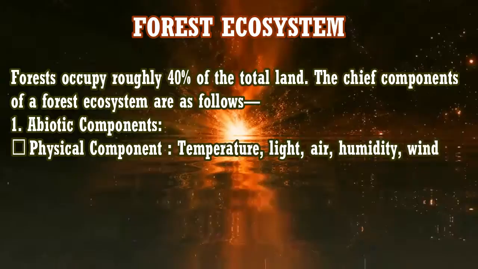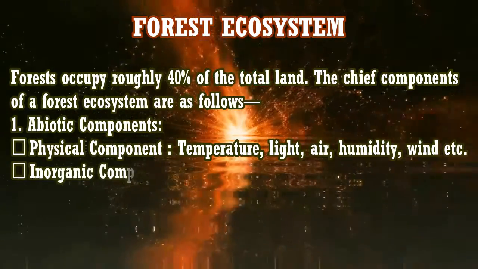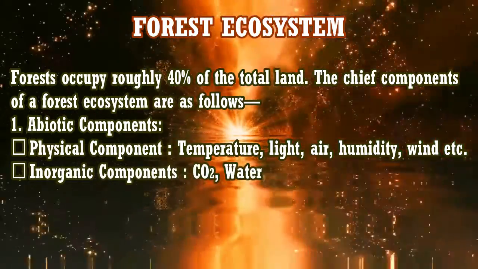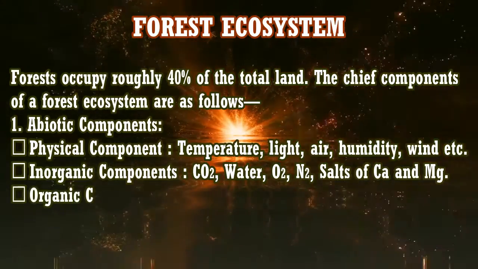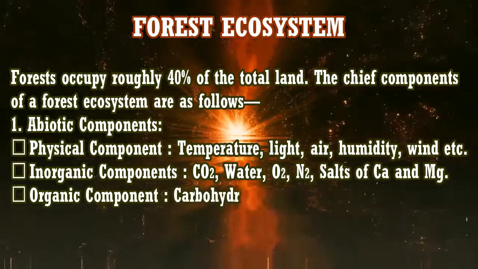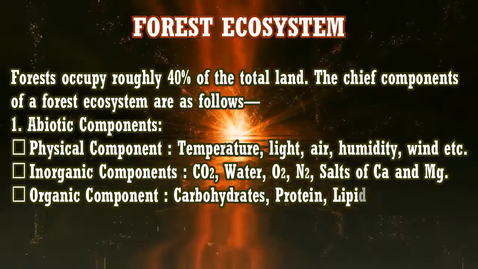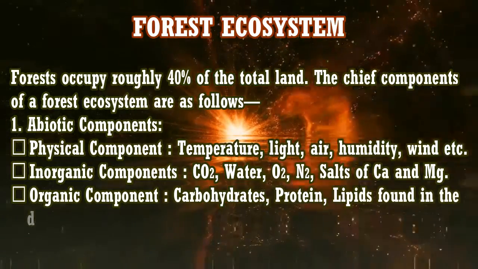Why am I saying very own? Because they are present here in West Bengal only, in the Sundarbans. So these 5 types of forest are there: tropical rain forest, deciduous forest, mangrove forest, evergreen forest, and coniferous forest.